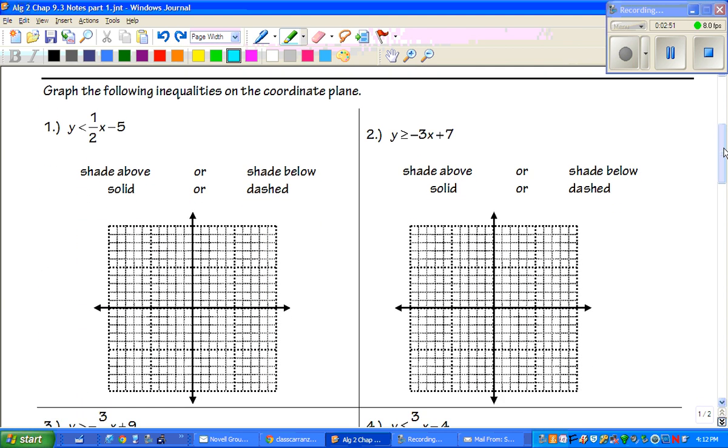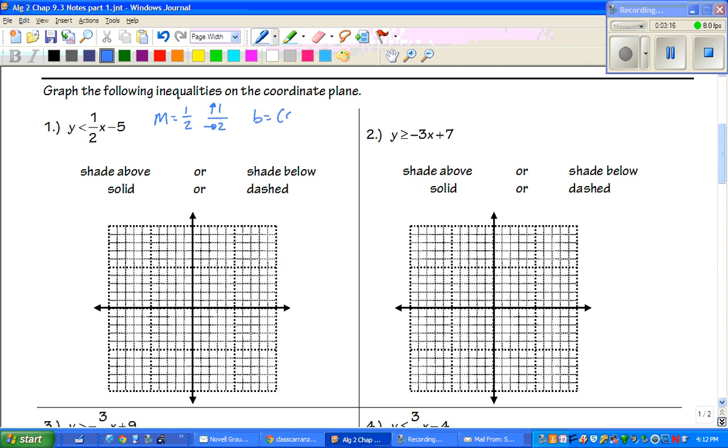Graph the following inequalities on the coordinate plane. First thing to know is that the y is by itself right here, so that's good. Now, I want to know what the slope is, which is 1 over 2. It's rising, so I go up 1 over 2.